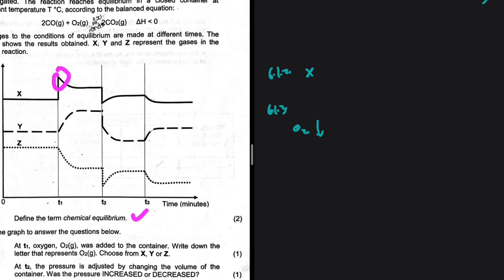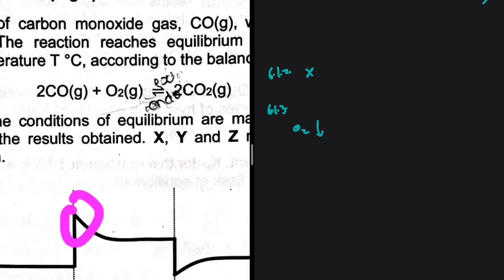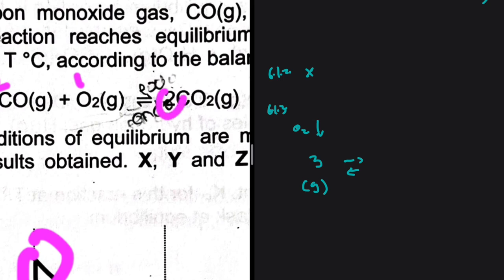Okay, so we are told that the change that was made is with regards to pressure, right? So let's take a look at our reaction. On the right hand side, we have 2 plus 1, so 3 moles of gas, and then on the left hand side we have 2.